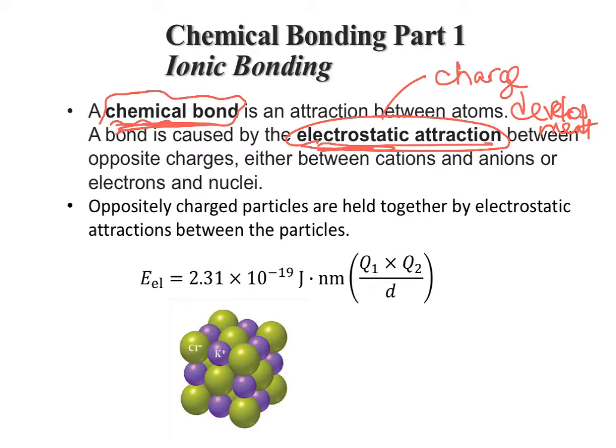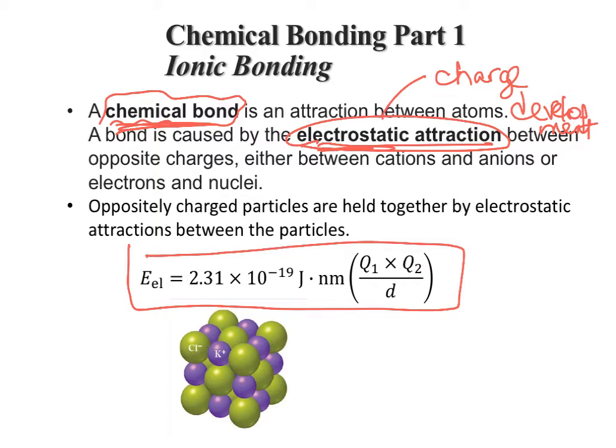And one way to kind of visualize this, and I am not going to have you do calculation, this is Coulomb's law, but I do want you to understand the ramifications that Coulomb's law has to chemical bonding. So look at the variables. These are the variables that affect the strength of an electrostatic attraction, okay?